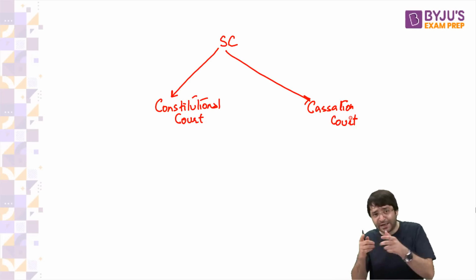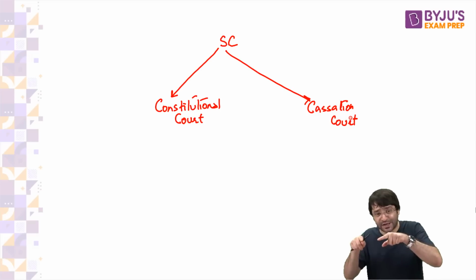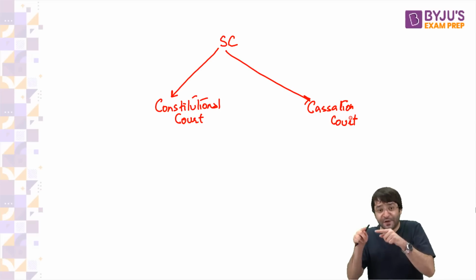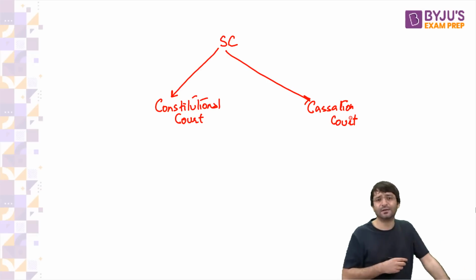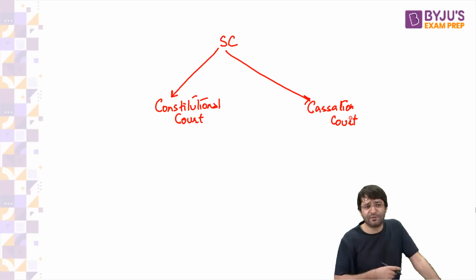So the Supreme Court hears constitutional cases, fundamental rights violation cases, and federal cases. But it hears other cases as well. Bail applications: whether Arnab Goswami should be given bail or not, the matter goes to the Supreme Court.